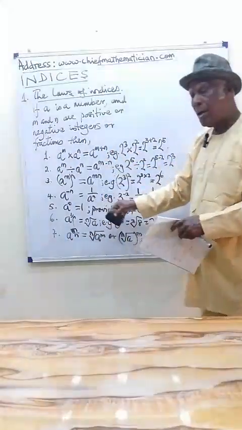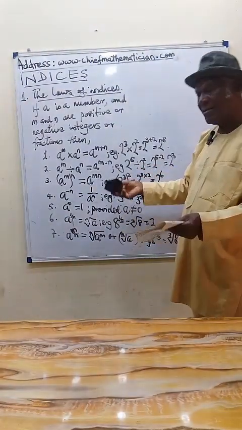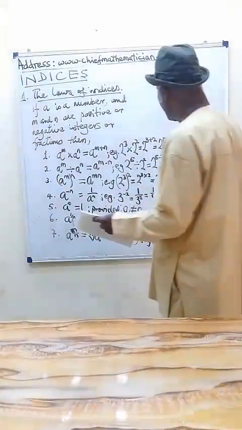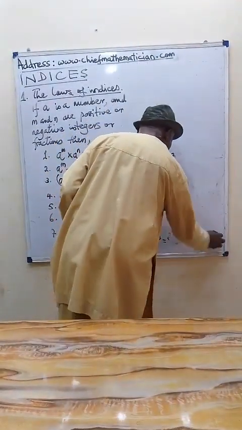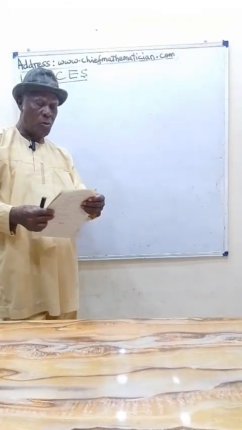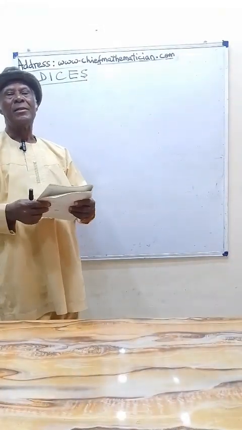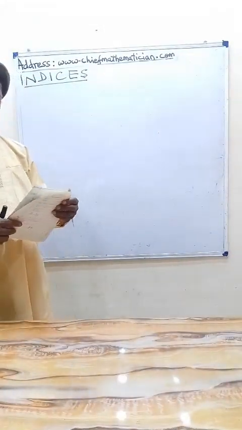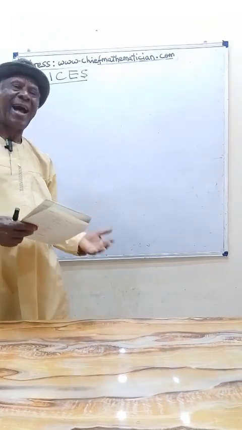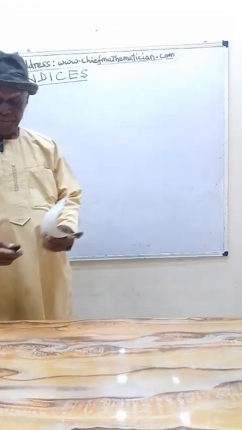So, these are the 7 laws of indices which we can easily apply to problems from now. Simple exponential equations usually arise from the laws of indices.